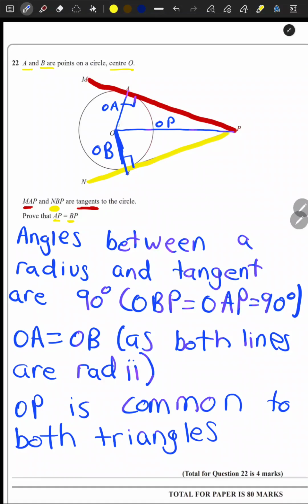What we're doing is proving both of these triangles are congruent. Now that we have our number one, number two and number three proofs, let's walk through them. Our first proof says that both triangles have a common angle of 90 degrees.